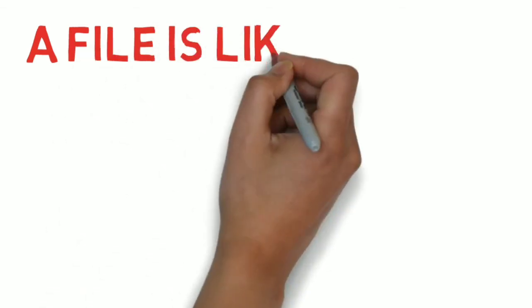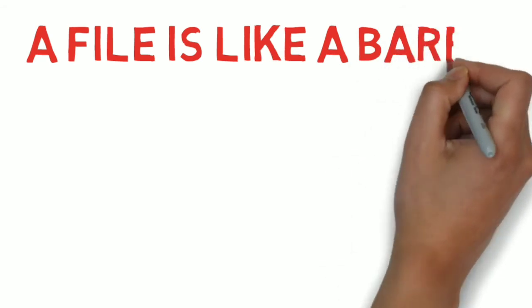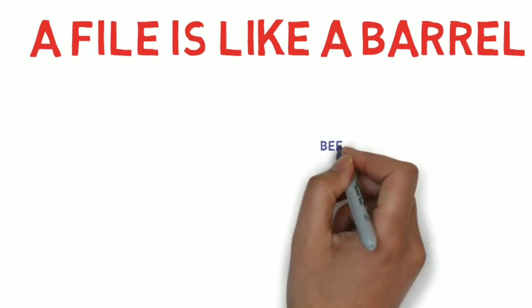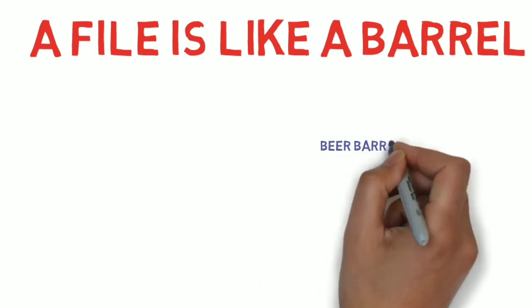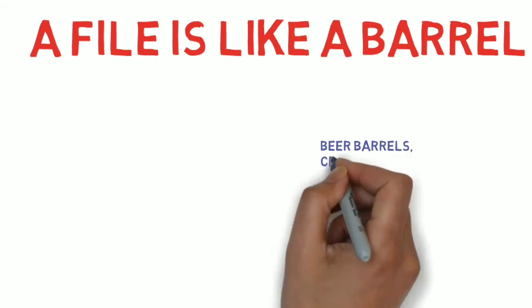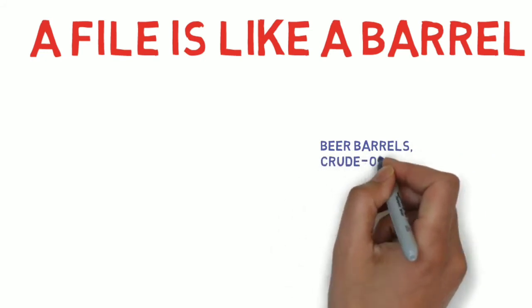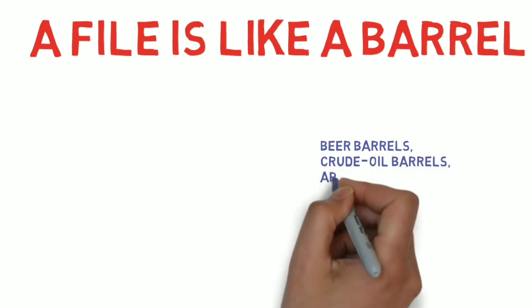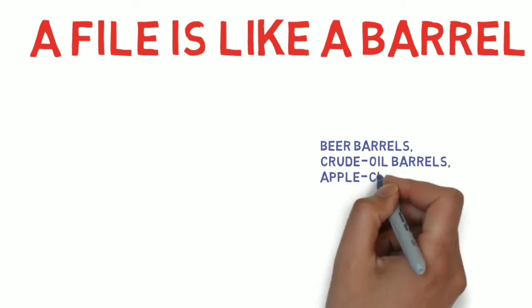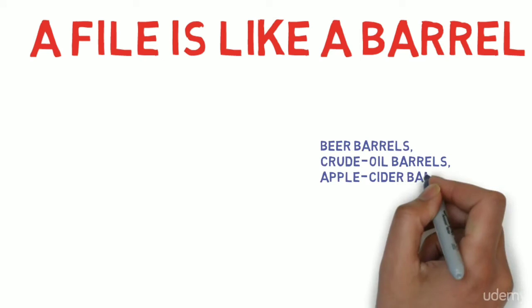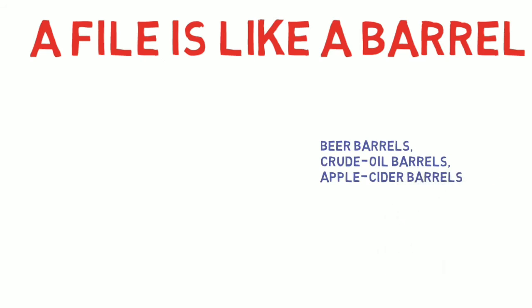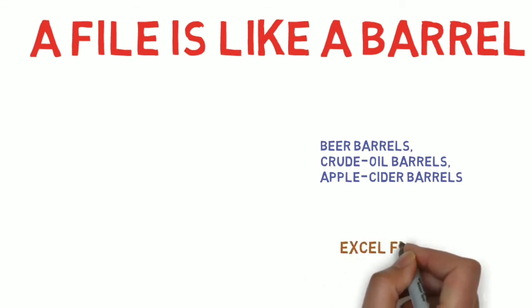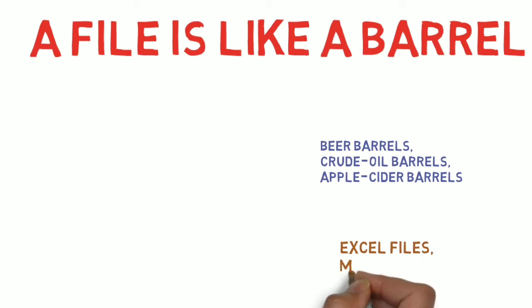Let's internalize this analogy further. A file is like a barrel. Just like there might be different types of barrels based on the contents of the barrel, like beer barrels, crude oil barrels, or apple cider barrels, there are different types of files.